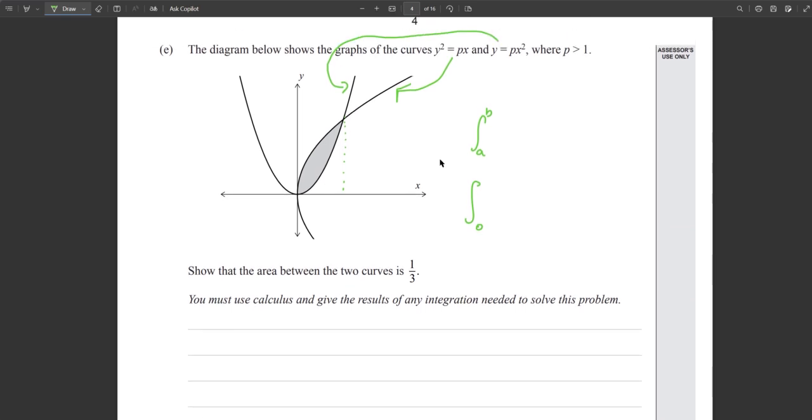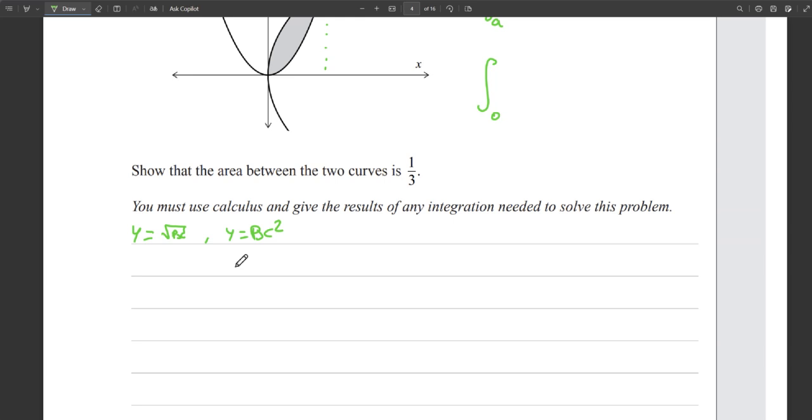Now rearranging this first equation will give y equals root px, and our second equation will be y equals px squared. Now setting these two equations equal and squaring both sides will give px is equal to p squared times x to the power of 4.